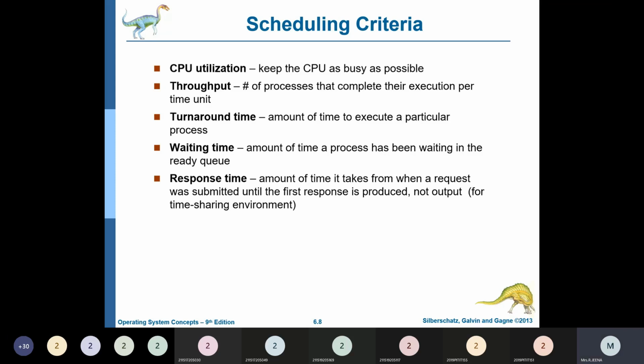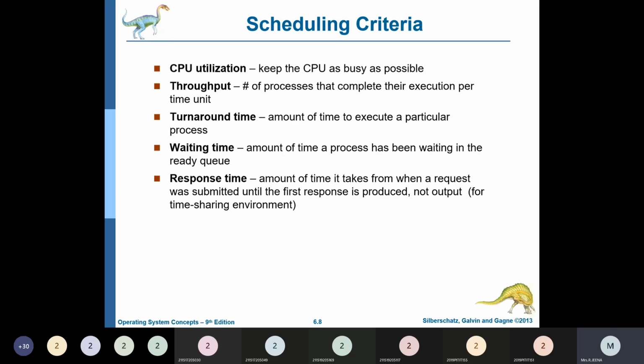The first one is CPU utilization. As I've already said, we should never keep the CPU idle. Our aim is to make maximum use of the CPU, and keep it busy all the time. The CPU utilization can range from 0 to 100%.